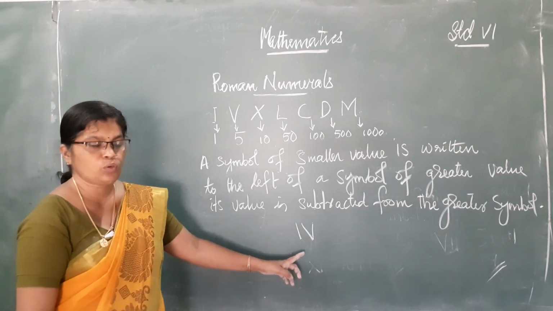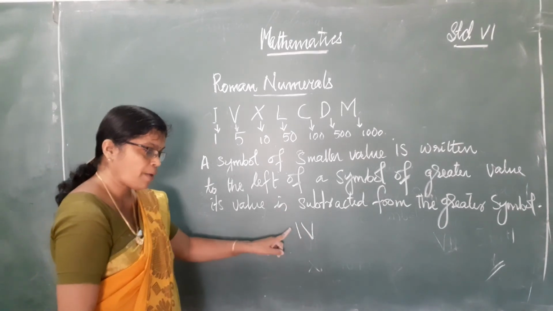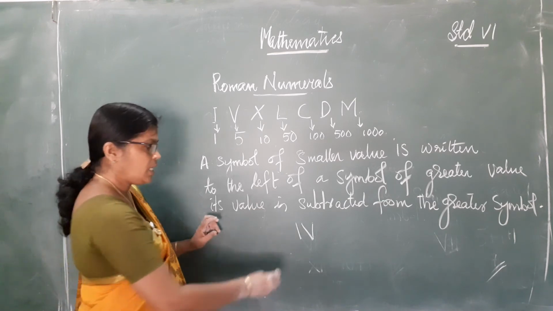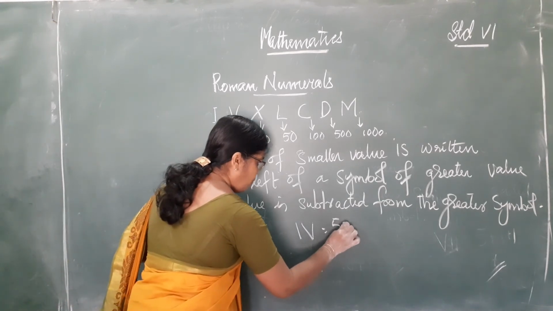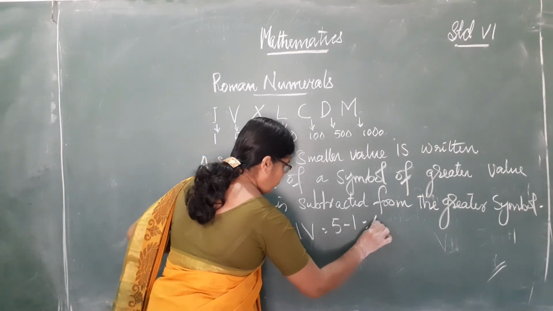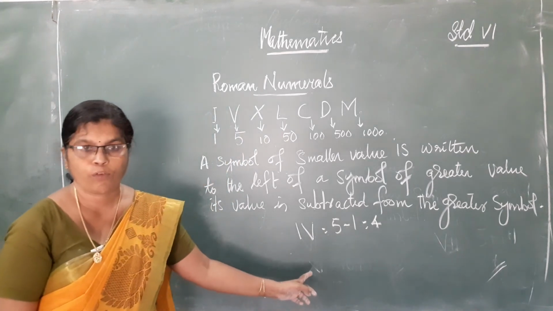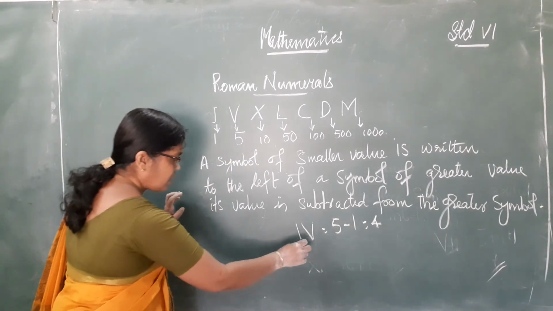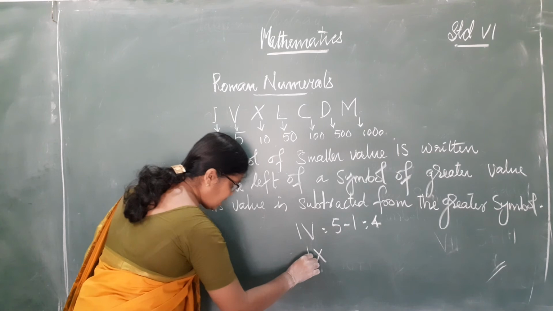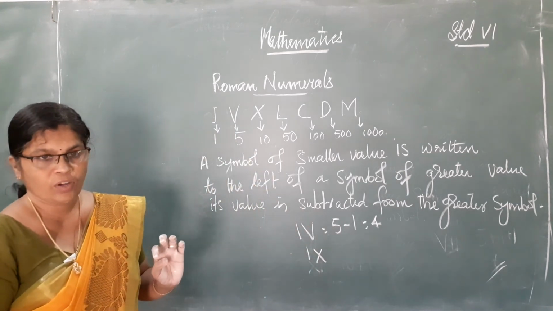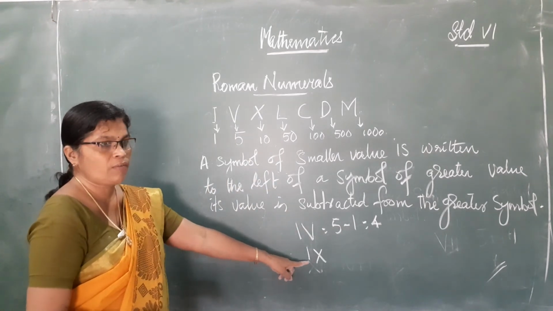Then what we have to do? From 5 we have to subtract 1. That is 5 minus 1 is equal to 4. It becomes 4. Right? Next, greater value 10 and I is written to the left of it. Then what is the value?